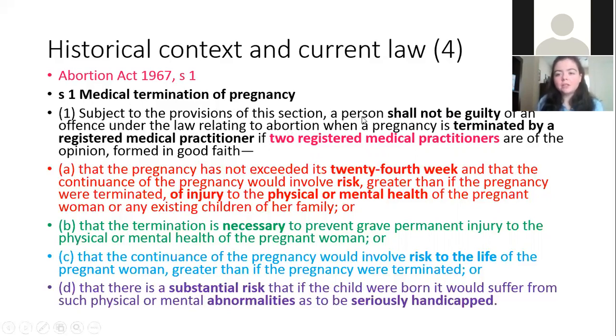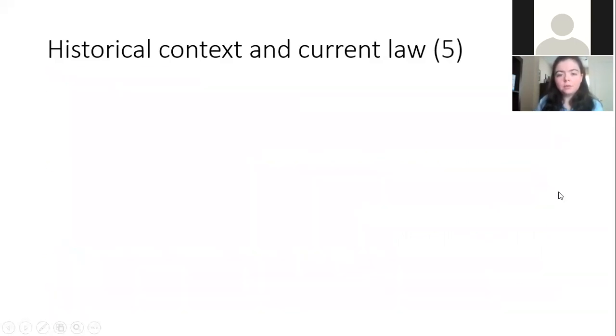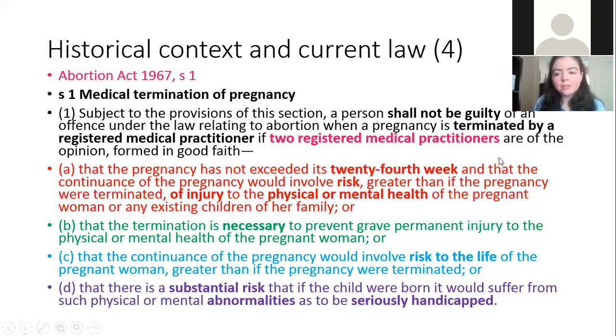It requires the procedure to be carried out by a registered medical practitioner after 2 registered medical practitioners have signed off on it. And they have to sign off based on one of the following conditions.